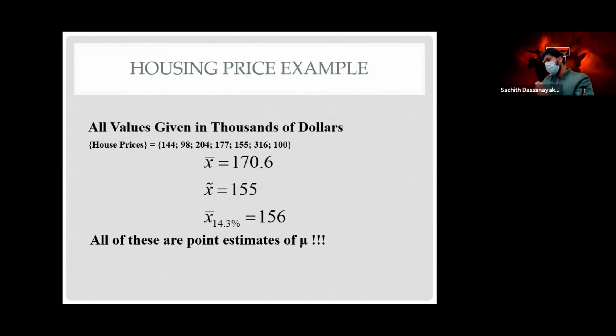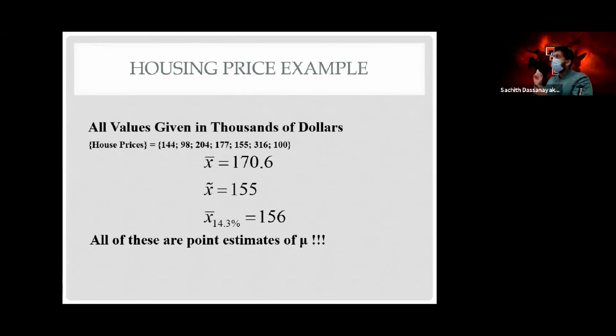Or simply you can think, okay, this is a sample from our population, and we try to find the mean, and we can say, whatever, these are point estimations of mu.